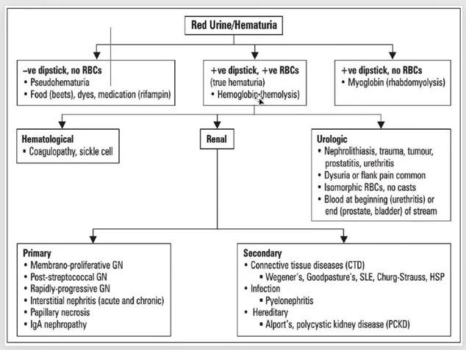The third is when the dipstick was positive, but under the microscope there are no RBCs. When the dipstick was negative and you did not find any RBCs under the microscope, it is called pseudohematuria.